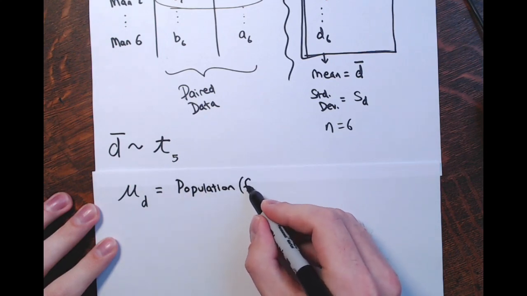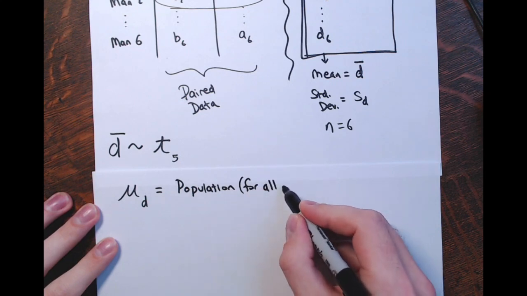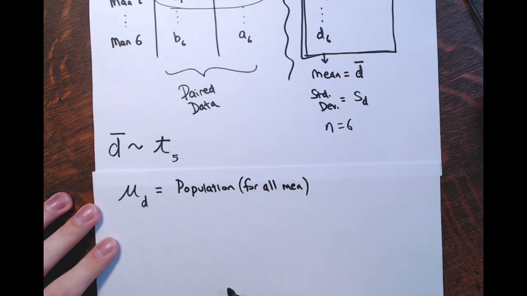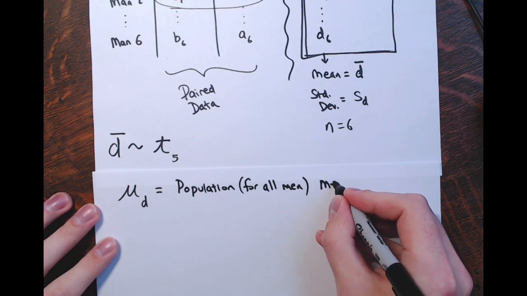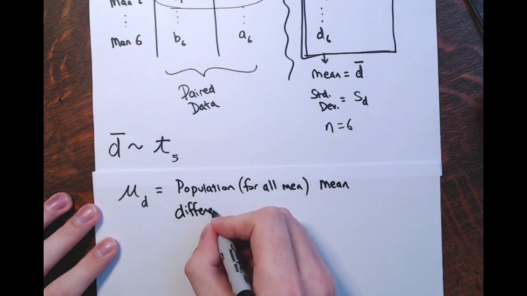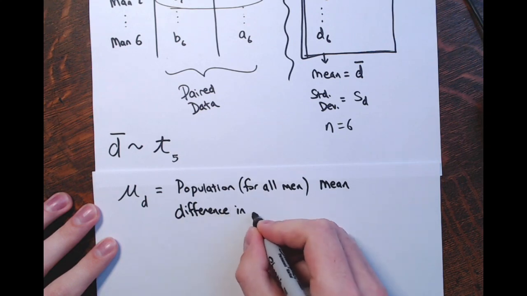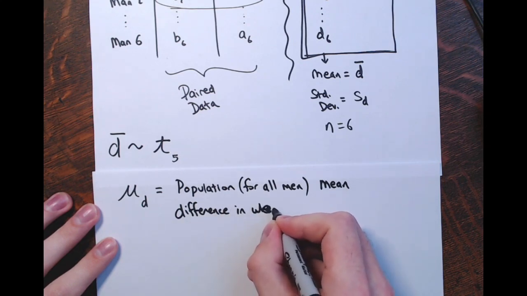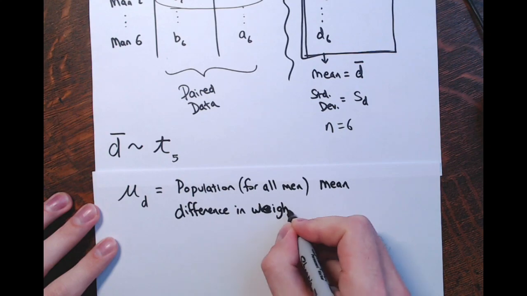This is for all men, not just these 6 men. The population mean difference in weight.